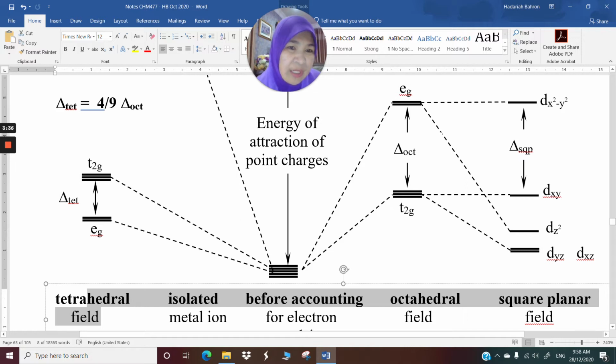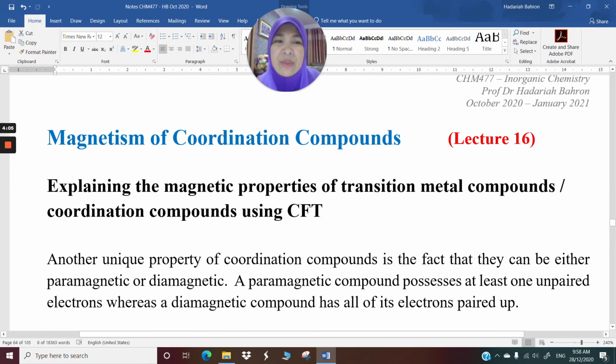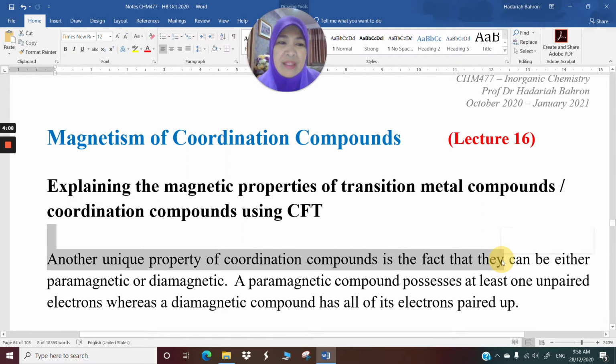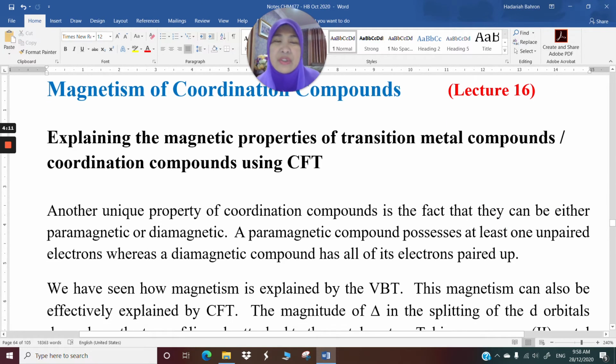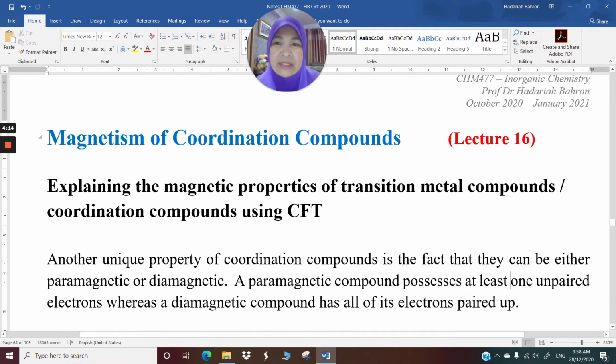So the dz squared goes down from this very high position to a low position because of the direct stabilization of that orbital. Similarly, you have dyz and dxz also stabilized. So this is the crystal field splitting of a square planar. So that is a recap. So we're going to use the crystal field theory to try and explain the magnetic properties of coordination compounds.